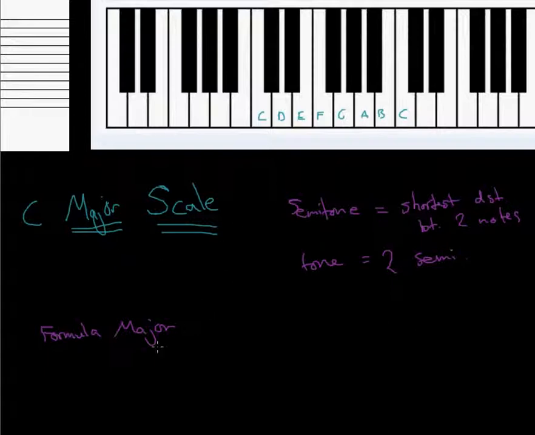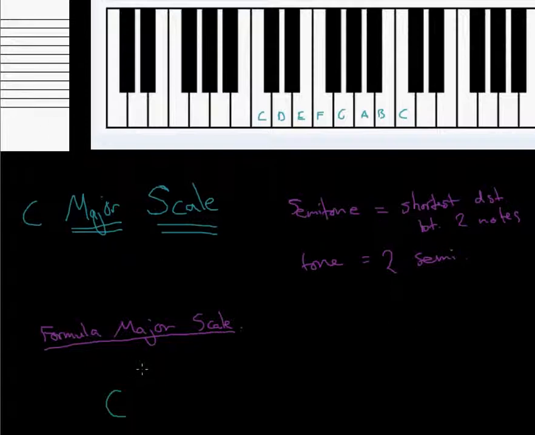And that's why we need to work out what the formula is for a major scale. So, here we go. The formula for a major scale is we take our starting note, in this case, it's C.